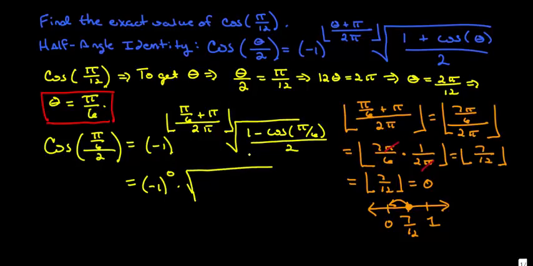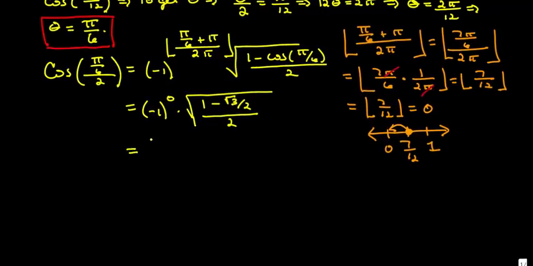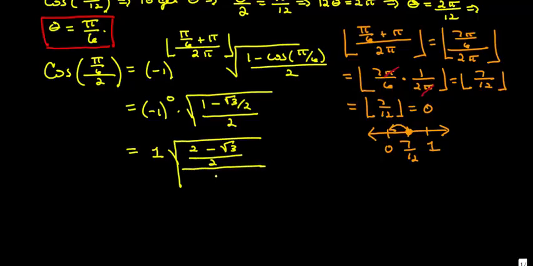Boy, did that clear up some room. So we've got 1 minus the cosine at pi over 6. That's basically the cosine at 30 degrees, which is square root of 3 over 2 on the inside. Anything raised to the 0 is 1, so the outside is going to be 1 times. Now let's get a common denominator here. This will be 2 minus root 3 all over 2, divided by 2.